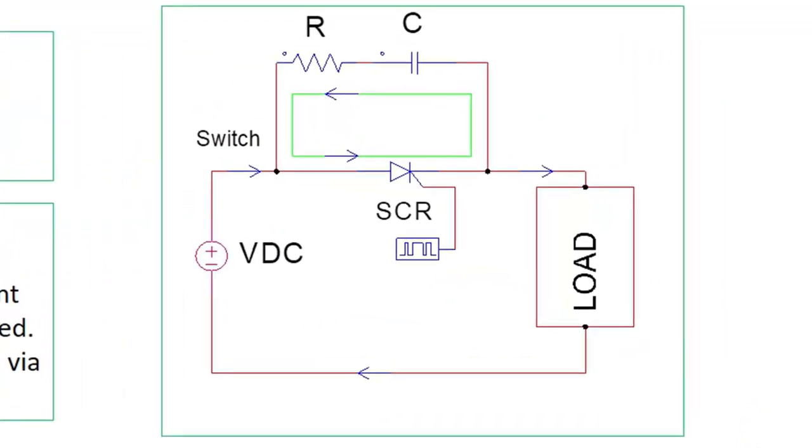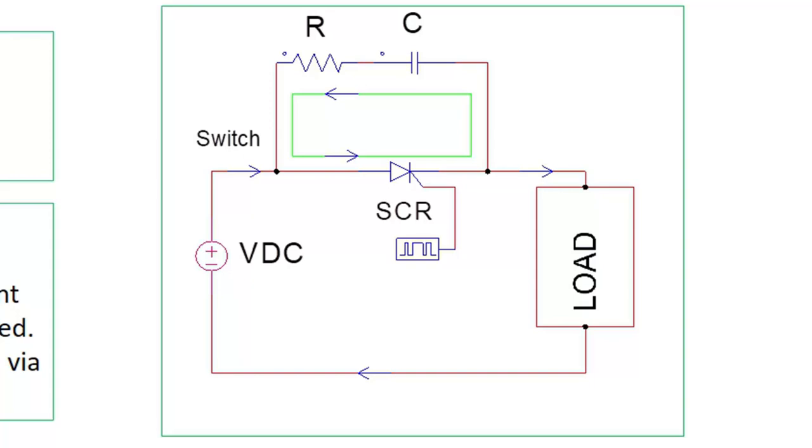In this circuit, you can see initially the capacitor is charged to VDC. We can assume that for some duration of time the capacitor is allowed to charge. That means SCR is off and the capacitor is charging through VDC, RC, load and back to VDC. Then once the capacitor is charged, a gate pulse is given to the SCR. Then the thyristor will be on.